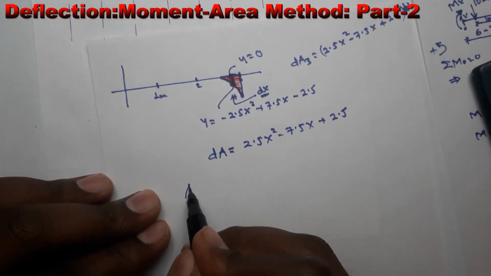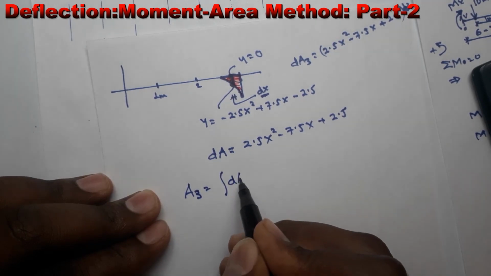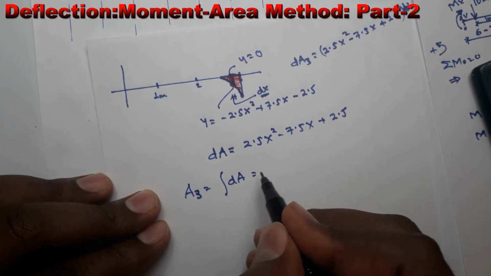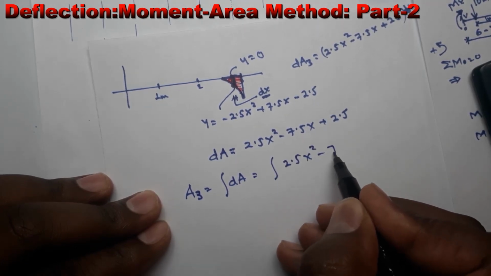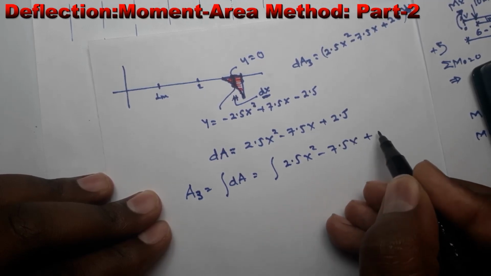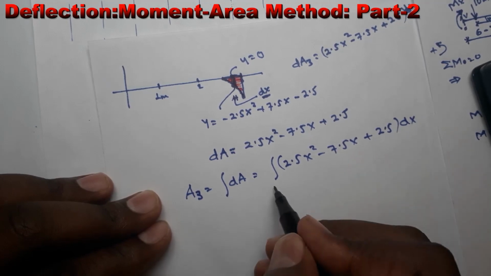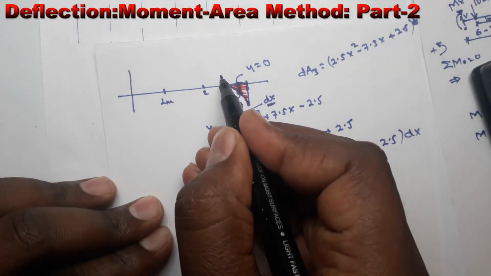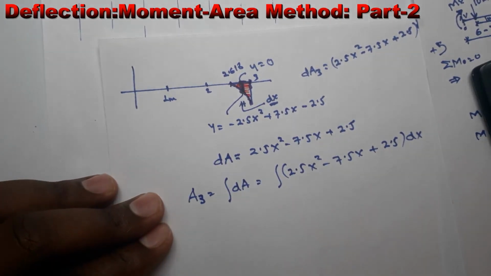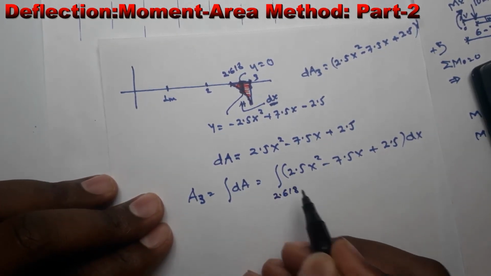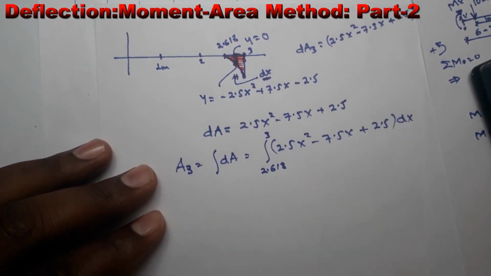So let me determine the area. Area 3 equals the integral of dA, where dA is 2.5x squared minus 7.5x plus 2.5, with respect to dx, from 2.618 up to 3. Let me integrate this one using the calculator.